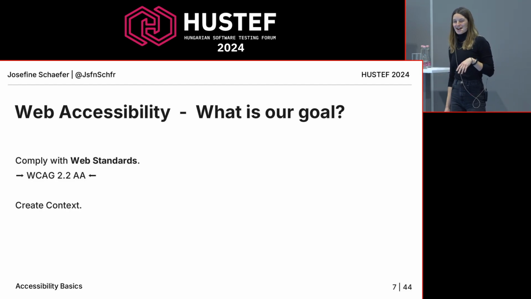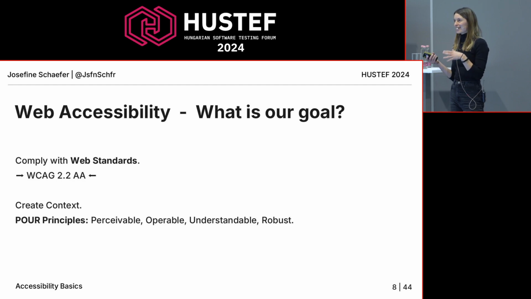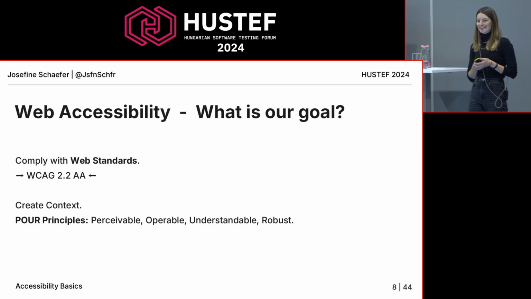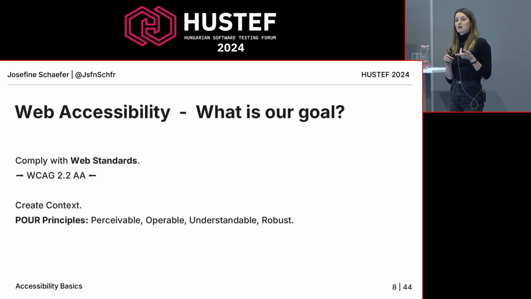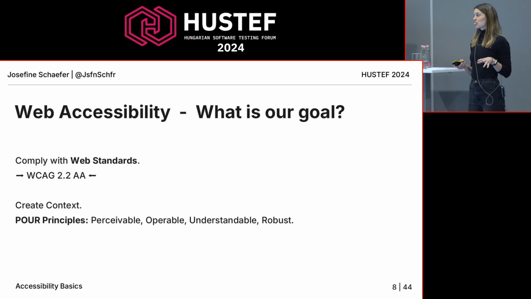We're also trying to create context for as many users as possible, right? And what I mean by that is, again, the accessibility community loves acronyms. So it's called the POUR principles. We want to make sure our content is perceivable, operable, understandable, and robust so that it can be interpreted by many different user agents.